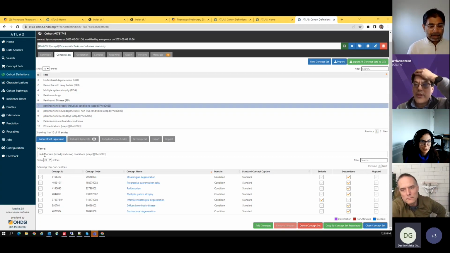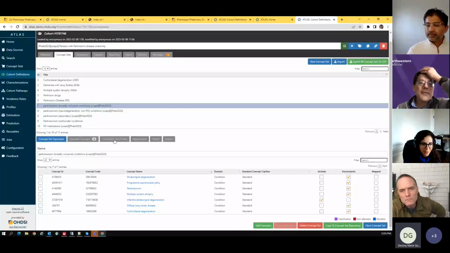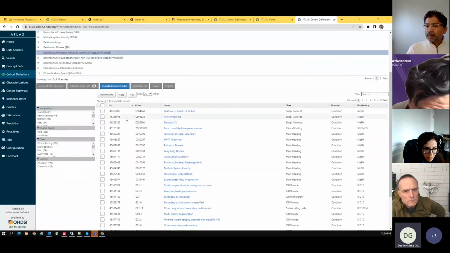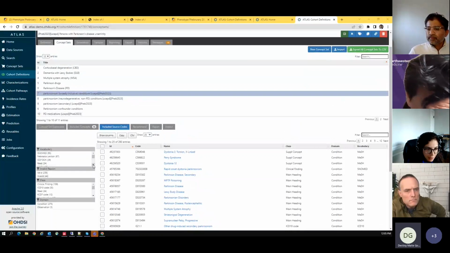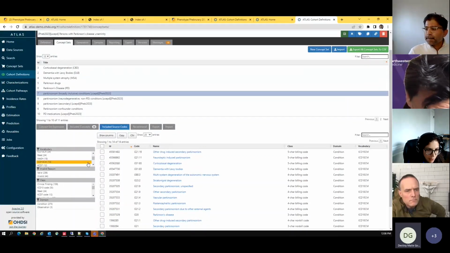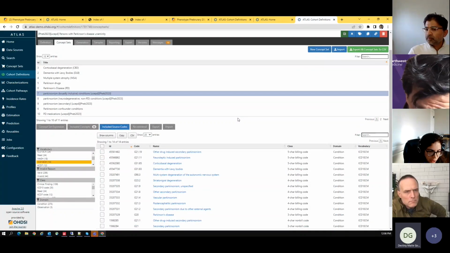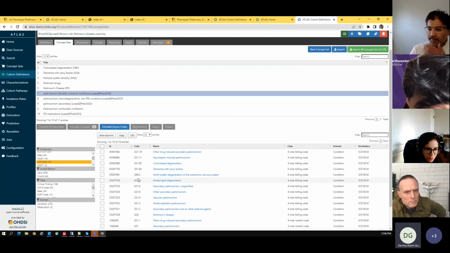Perfect. Thank you. Gautam, one more thing, since we have Dr. Wu here, can you click on the included concepts? We lost the screen. Because he mentioned that he used SNOMED, we will be able to look at that in cohort diagnostics. If you pick up the main entry criteria, Parkinson, Dr. Wu, did you look at the included concept tab just to make sure that you're not including source codes?